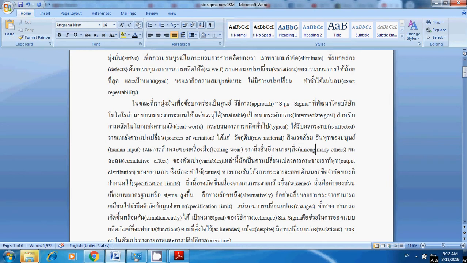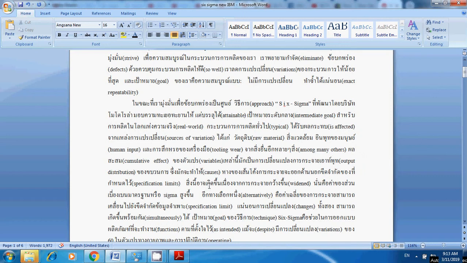The cumulative effect of these variables often shows up in the variation of the output distribution of the process, which often causes the tail of the distribution curve to fall outside the specification limit that has been defined.